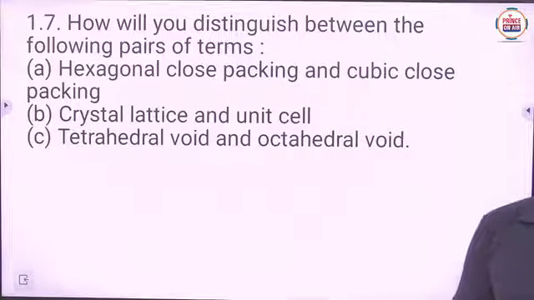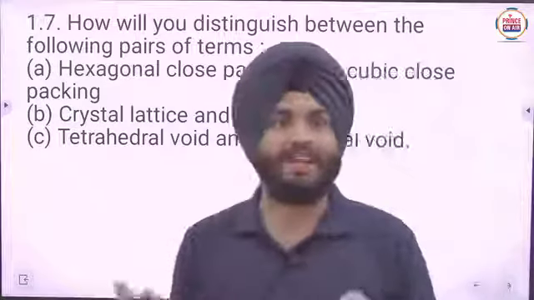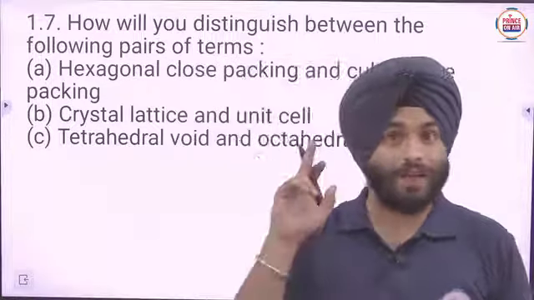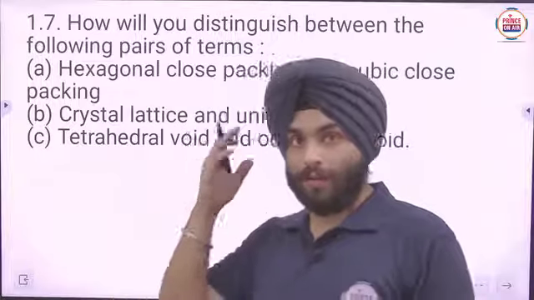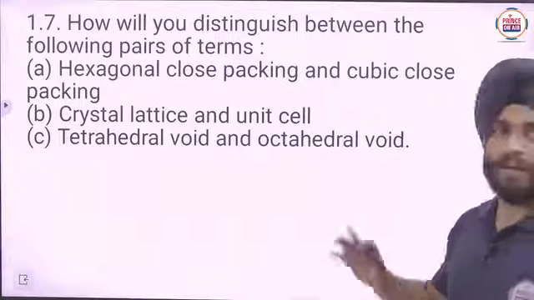Hexagonal close packing is AB type, and cubic close packing is ABC type of close packing, in 3D. Remember that. Clear? You can see that in the close packing lecture.